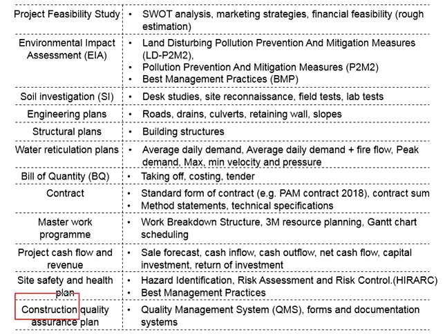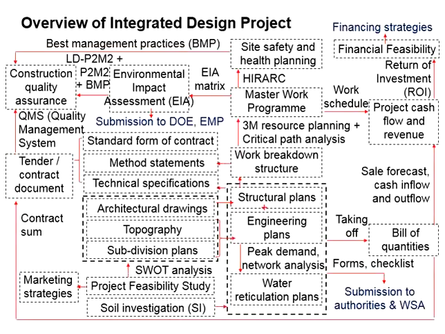These construction quality assurance plans involve the quality management systems, forms, and documentation systems in regulating the quality of the project works in accordance with the specifications and technical requirements from the structural plan as well as the contract documents.